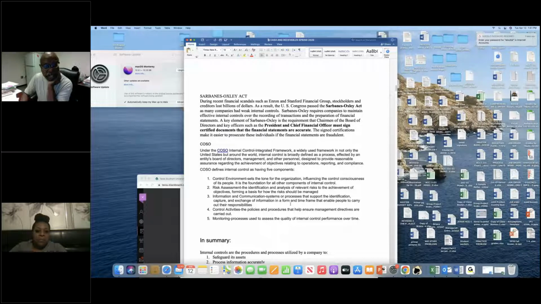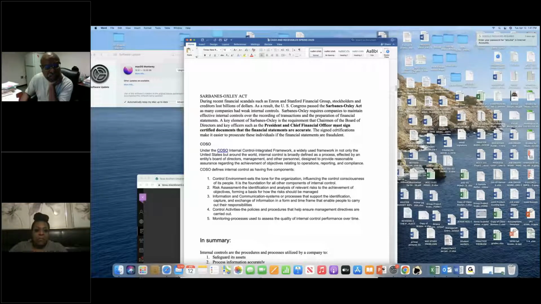And so the Sarbanes-Oxley Act was passed, and this act requires the president and the chief financial officer to certify that the statements are accurate. So the president can't say, well, I didn't know what was going on, and the chief financial officer can't say that. Once they certify, if anything happens, it's easy to put them in jail. So sometimes people were put in jail, sometimes they weren't in the early 2000s.